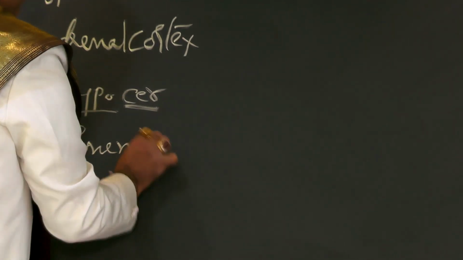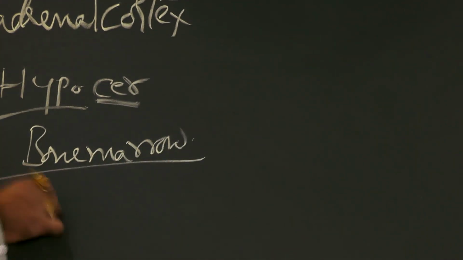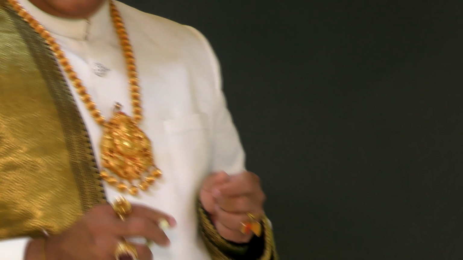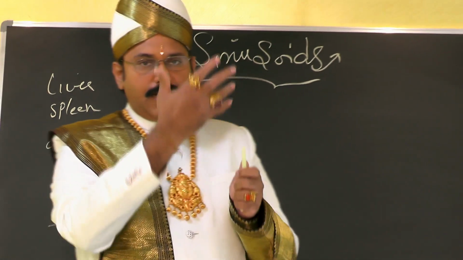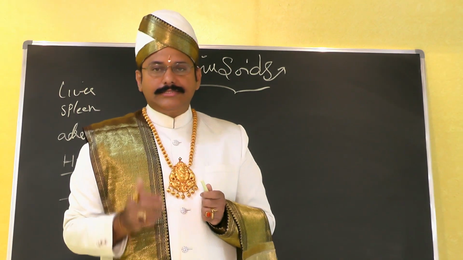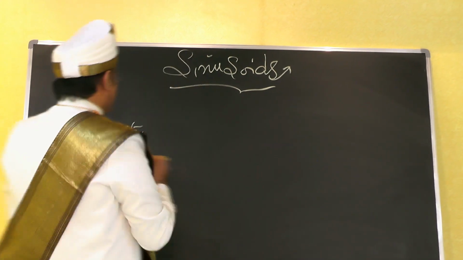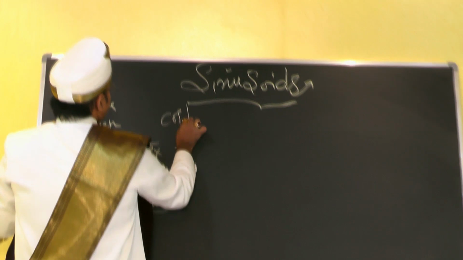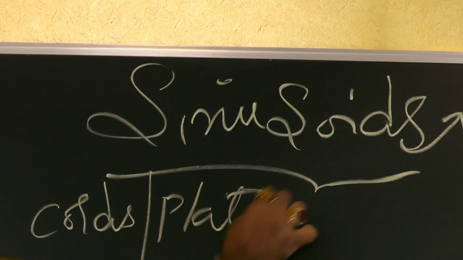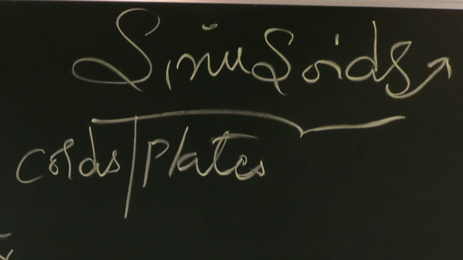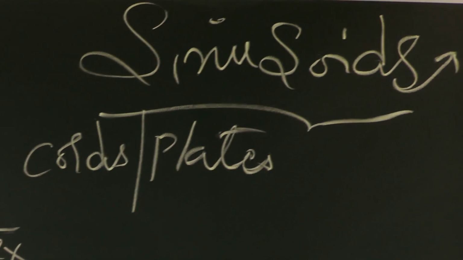In all these places you see that there are sinusoids. These sinusoids basically are seen in those organs where there are plates of cells or cords of cells. Those organs which have cords of cells or plates of cells have sinusoids.